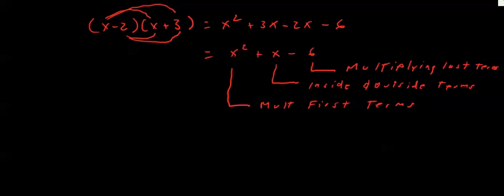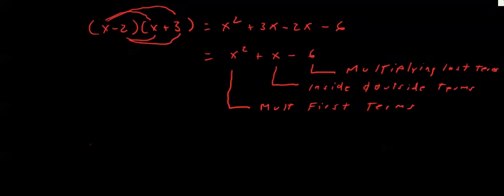So when we factor something like this, let's look at x squared plus 6x plus 8. We want to factor this. We want to write it as a product of factors. And the x squared comes from the first terms.